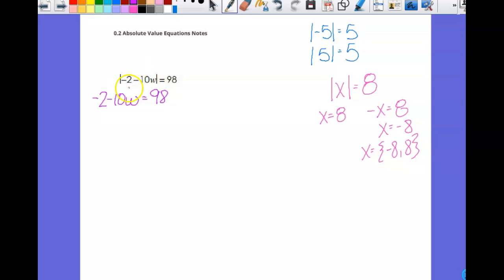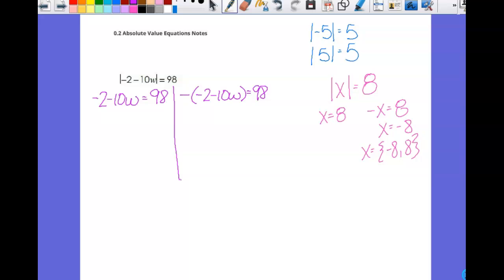The negative of this, so I'm going to have negative and then parentheses, negative 2 minus 10w equals 98. Everybody understand why we have this and then the negative of that, right? Are we good? So then I'm going to solve them. Two totally separate things. Don't try and solve them together. Just set them both up, otherwise you're going to forget to do one.